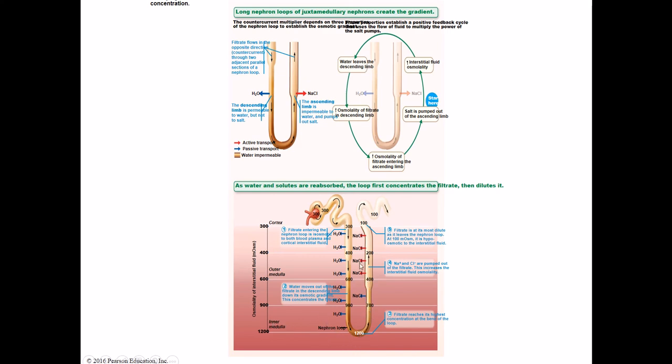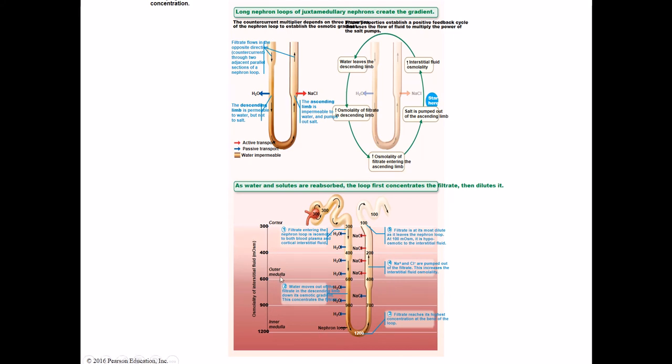But because the salt is pumped out of the filtrate, we get this kind of multiplication: even though we have water coming out of the filtrate in the descending limb, we have salt coming back out into the interstitial fluid out of the ascending limb, and so that creates this really, really large gradient in the interstitial fluid of the medulla.